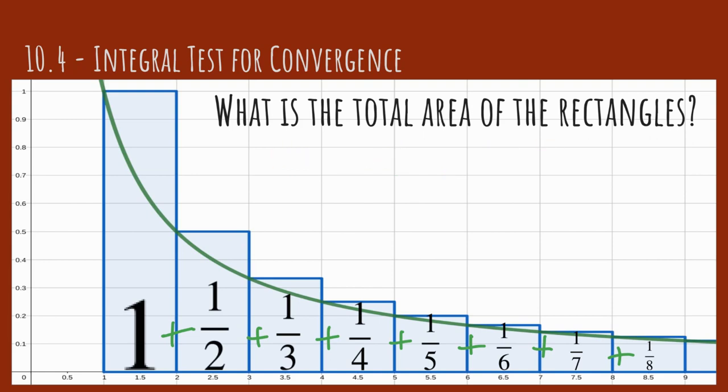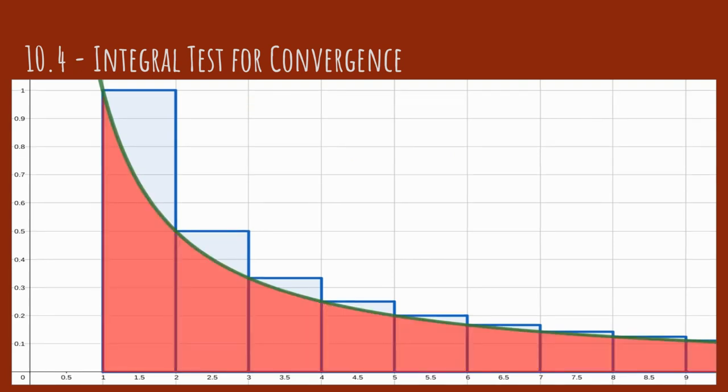I want to convince you that that series goes to infinity in another way than we've talked about before. So let's take a look. Instead of the area of those rectangles, let's look at an area that can be represented by an integral. The red region right here would be represented by the integral from 1 to infinity of the function 1 over x with respect to x.